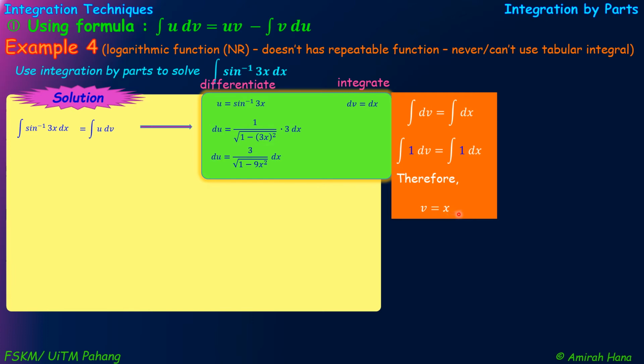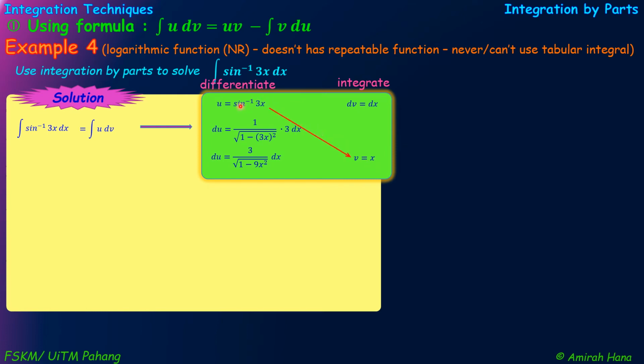No need to write plus c, because we have not finished our solution. So we can write v equals x. Or for a quick method, we can just cancel d on both sides, and we see v equals x.